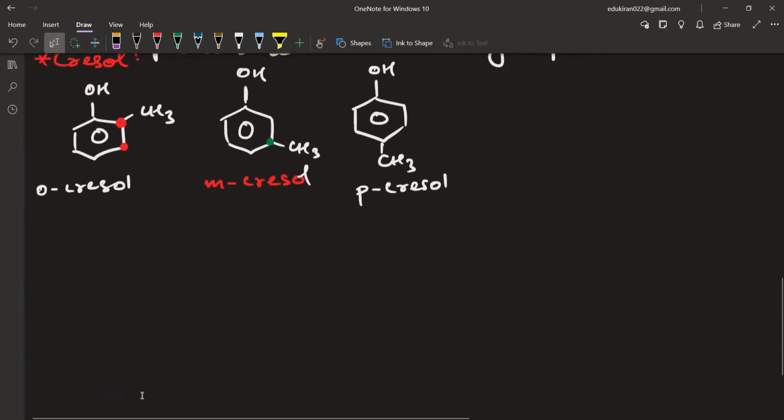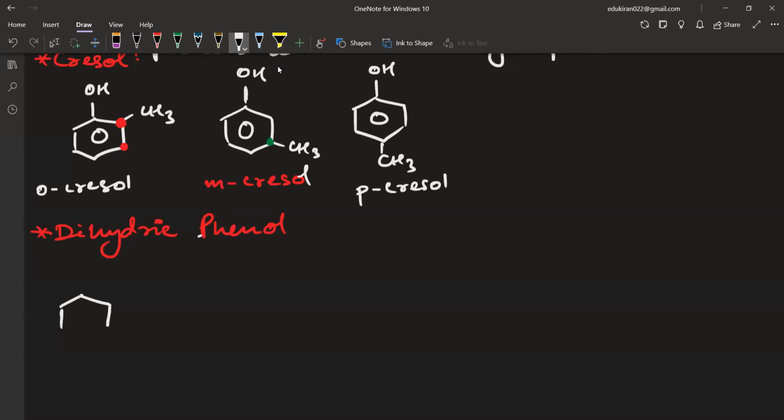Then there are some dihydric phenols that you have to remember. Please write. Dihydric phenol. What are dihydric phenols? So here you will have OH group, and if you have OH group in the ortho position, then it is known as catechol.